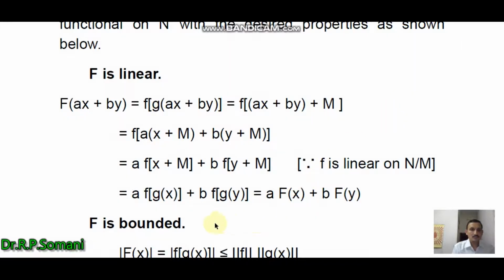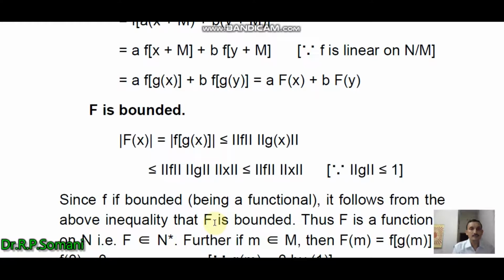Next, we show that f is bounded. For this, modulus of f(x) equals modulus of f(G(x)), which is less than or equal to norm f times norm of G(x), which is again less than or equal to norm f, norm G, and norm x.